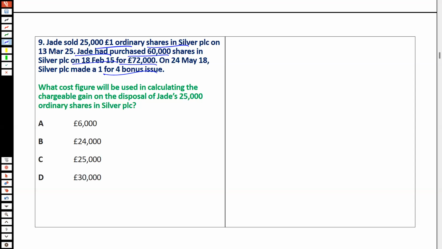What cost figure will be used in calculating the chargeable gain on the disposal of Jade's 25,000 ordinary shares in Silver PLC? So are you clear with the question? So what should it be?